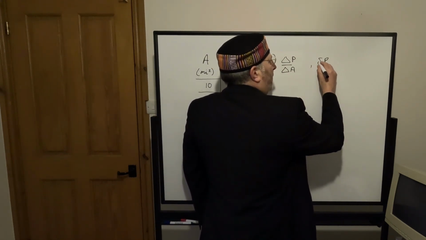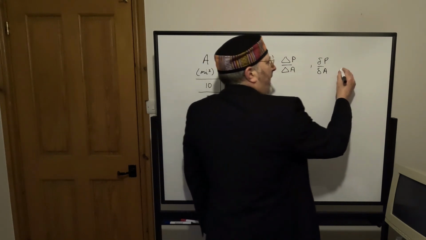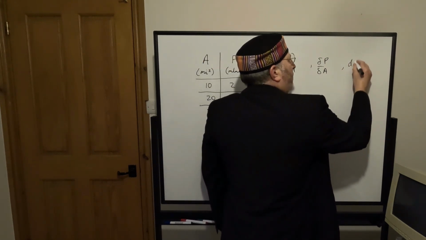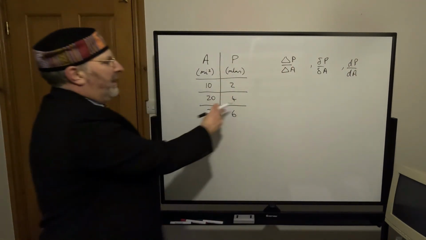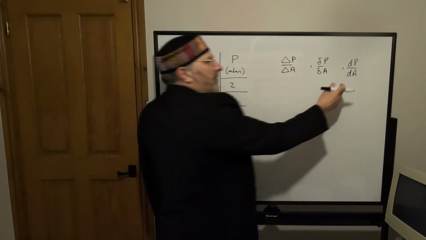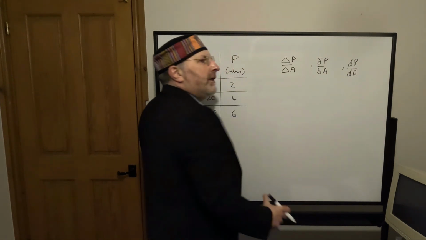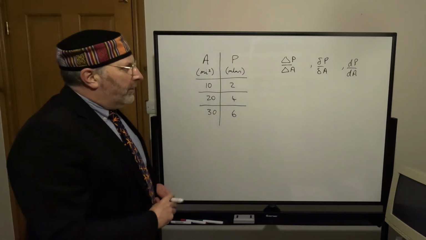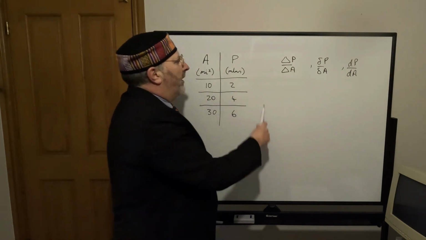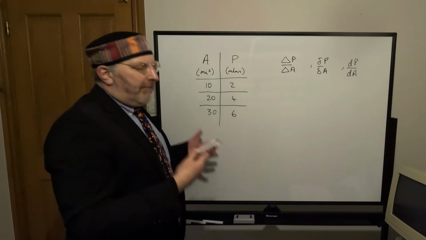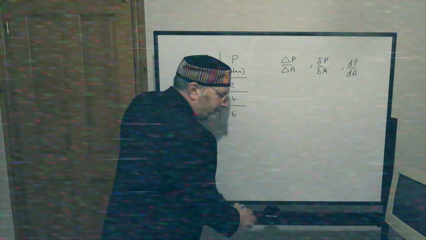So we could write delta P over delta A, or if we had an exact formula for the population as a function of A, then we could find the exact derivative dP by dA. So the point of this is just to emphasize that derivatives can be with respect to any variable, not just with respect to time.